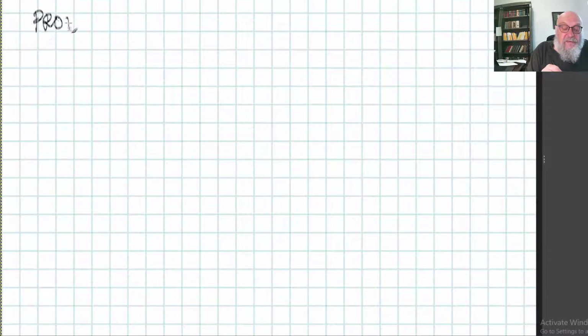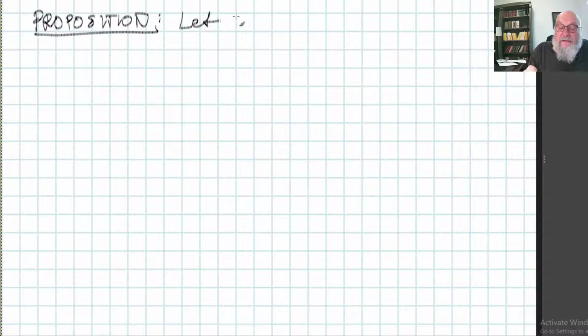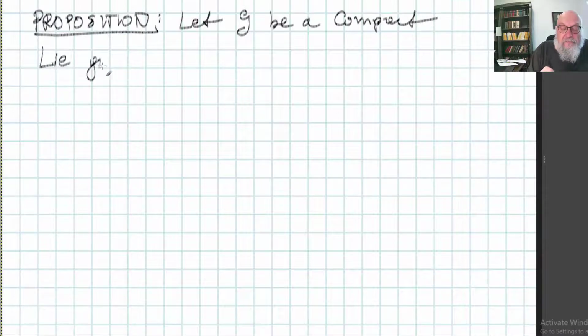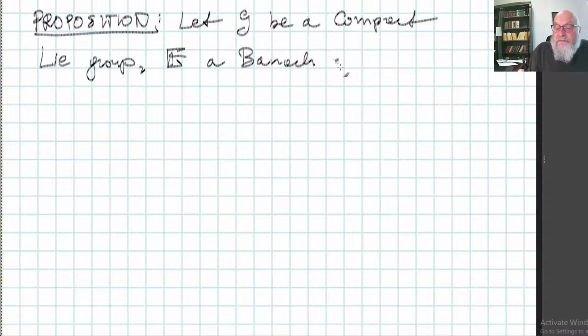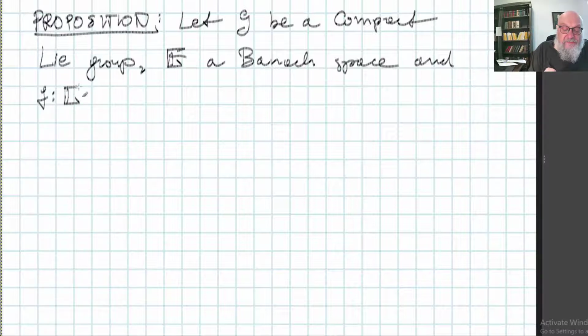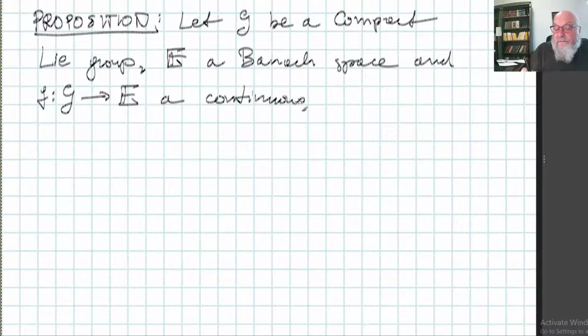Proposition: let G be a compact Lie group and E a Banach space, and f from G to E a continuous function.